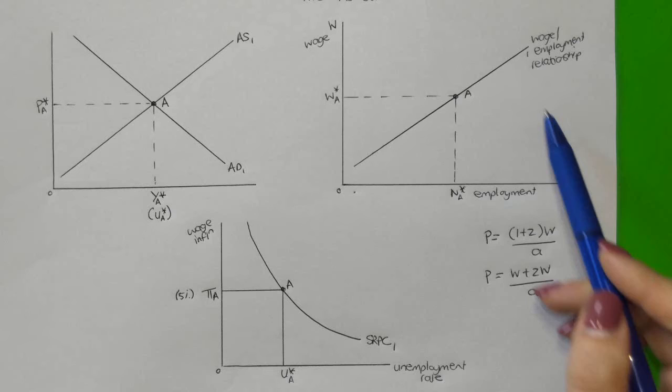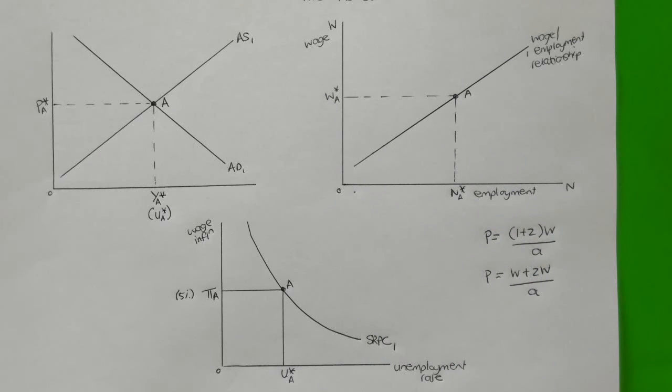The diagram, which we haven't explicitly looked at before, but which is relatively simple to understand, is tracking the relationship between employment, the number of people who are employed, and the wage rate that those people get paid.